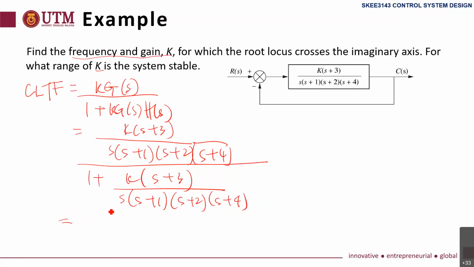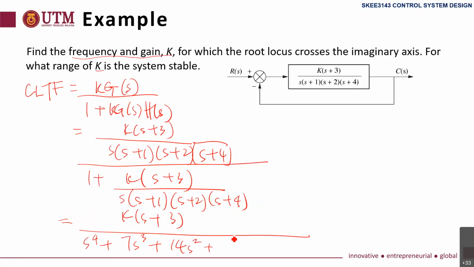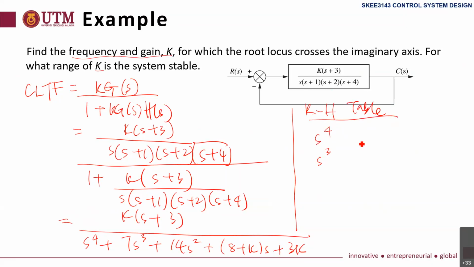If you solve, you get the characteristic polynomial s to the power of 4, plus 7s^3, plus 14s^2, plus (8 plus K)s, plus 3K. Then we can use the Routh-Hurwitz table. It starts with s to the power of 4, then 3.